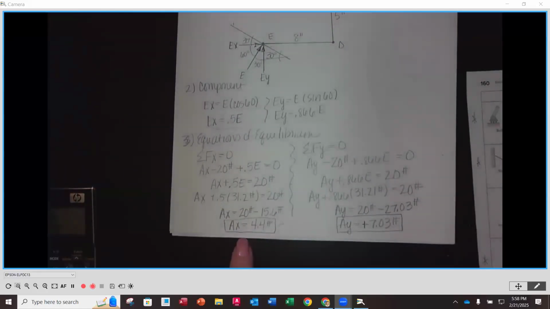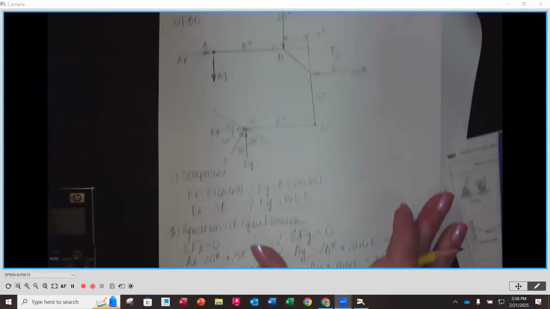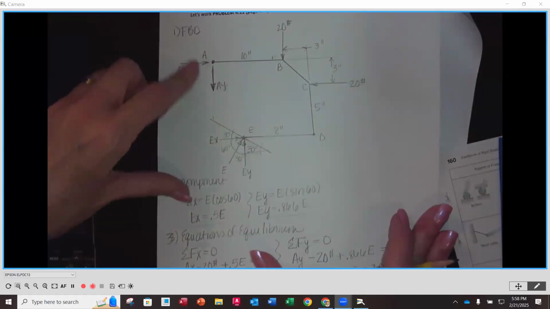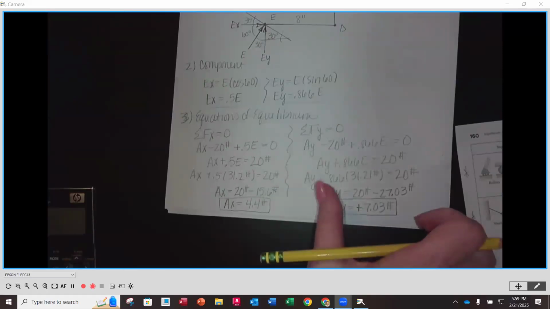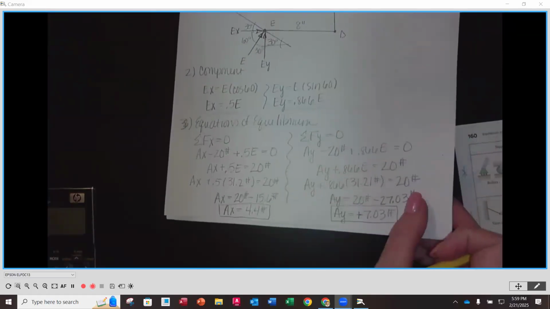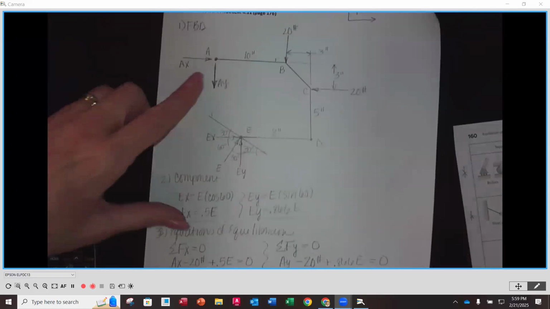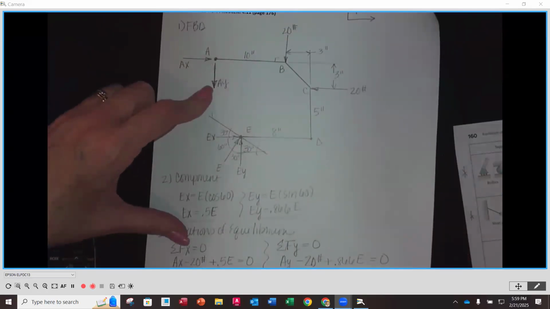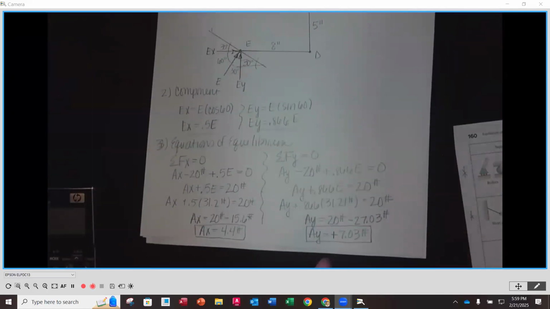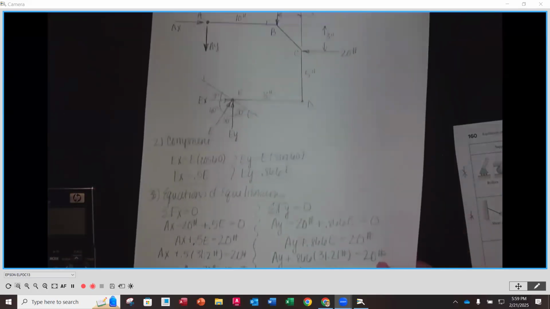It came out a positive value. It confirmed that going to the right was a good decision. AY came out to be a negative. That just means I have to go opposite whatever I chose. And so again, you have to make that a positive value and change the direction of the vector to correspond.